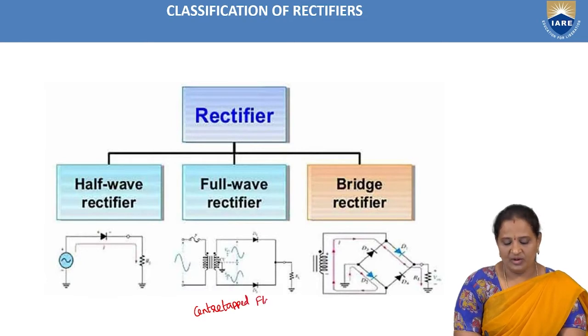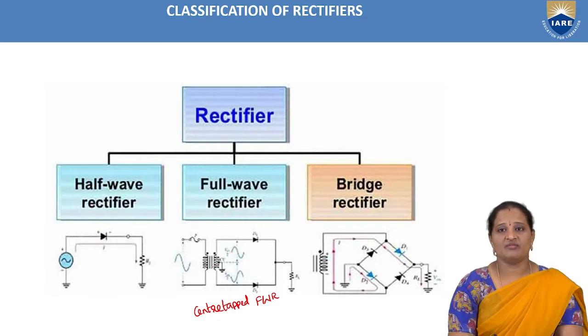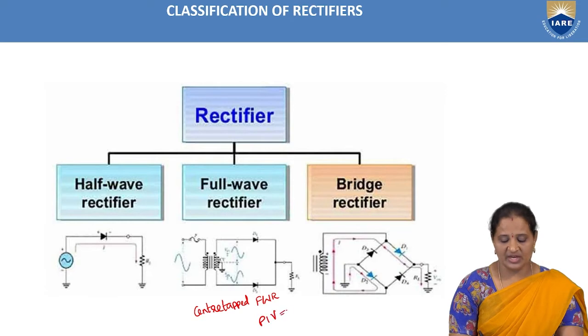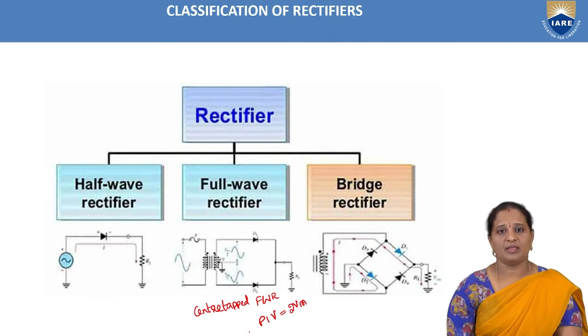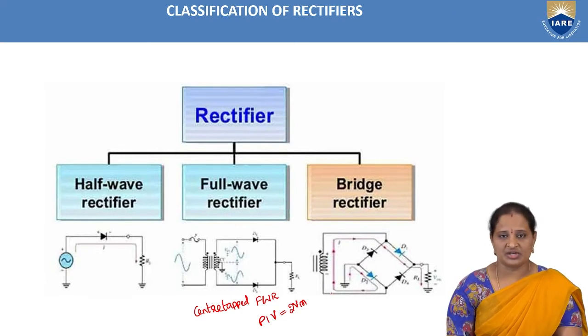In the center tapped full-wave rectifier, we divide the secondary winding into two halves, which increases the peak inverse voltage rating of the diode to 2 VM. The efficiency is improved compared with the half-wave rectifier, that is 81.2%, the transformer utilization factor is improved, and the ripple factor is reduced.